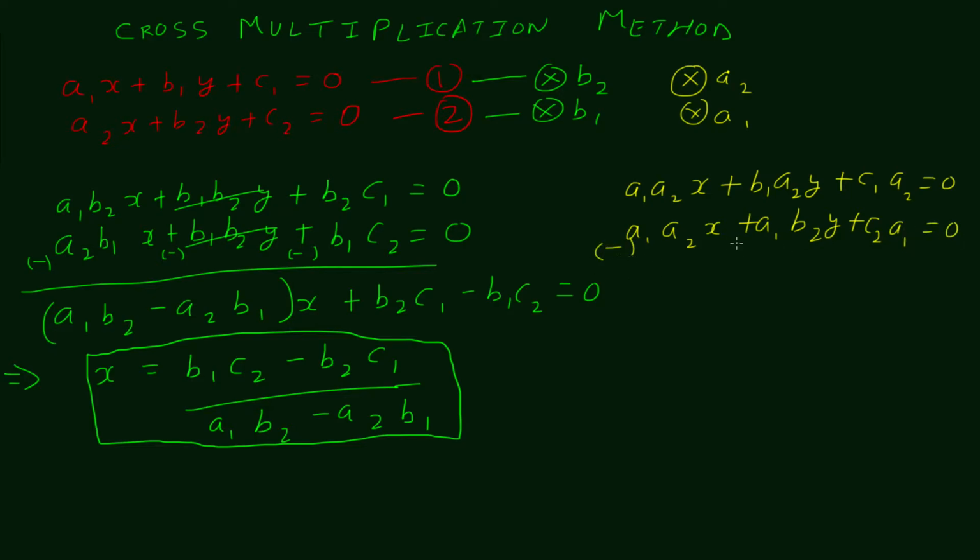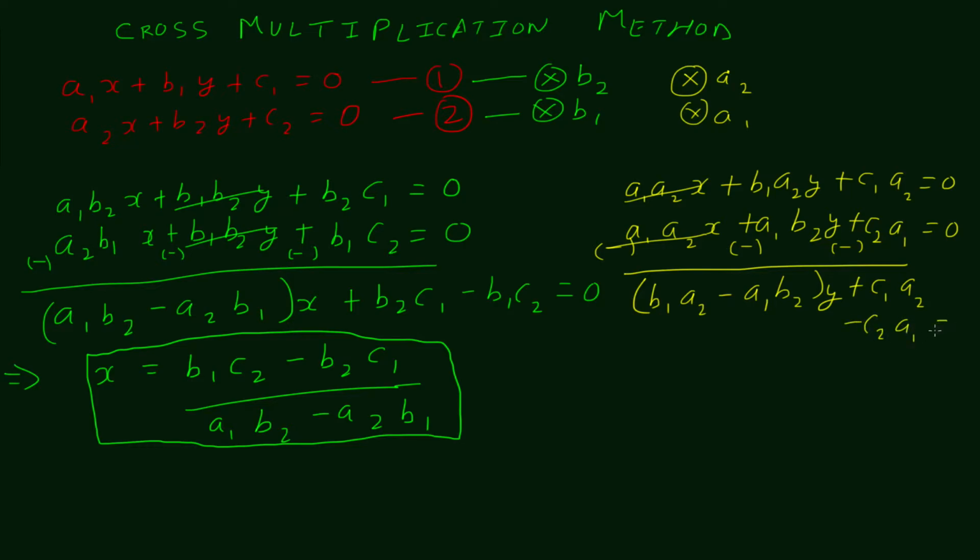Now let's just subtract these two, minus minus. What do we get? These terms cancel out and we get (b1 a2 minus a1 b2) y, sorry for the spacing, plus c1 a2 minus c2 a1 is equal to 0. So what do we have here?